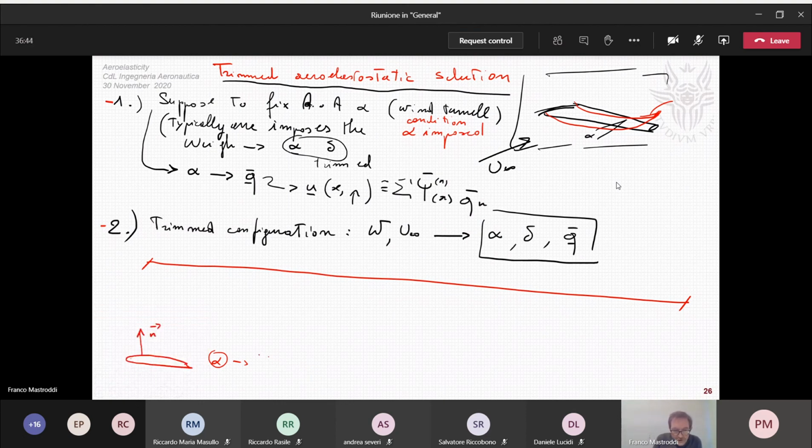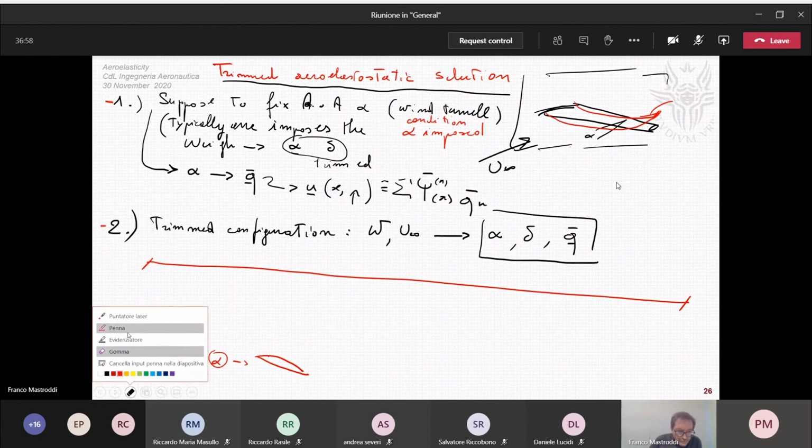Consider a rotated configuration like this, so this normal is rotated in this way. So we have a rotated normal with an angle alpha with respect to the original normal at zero, and the rotated one like that.